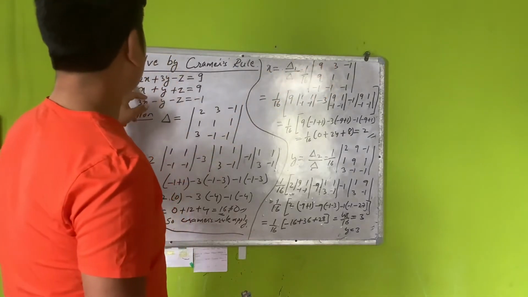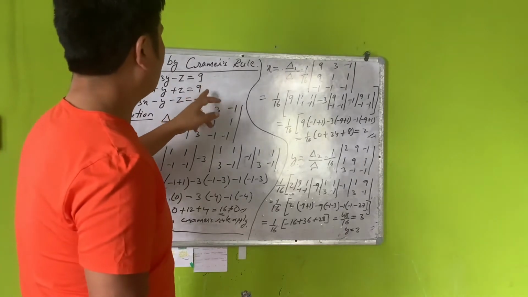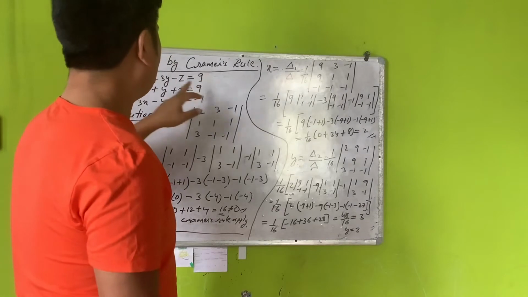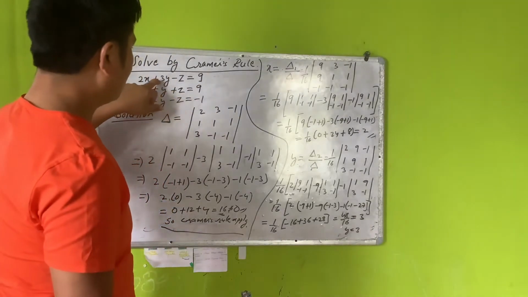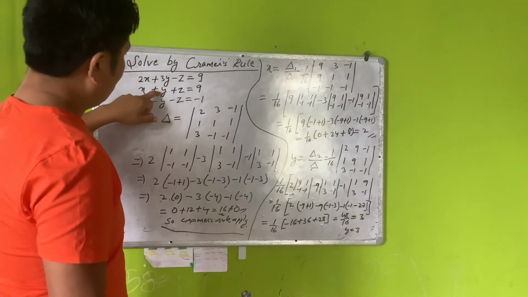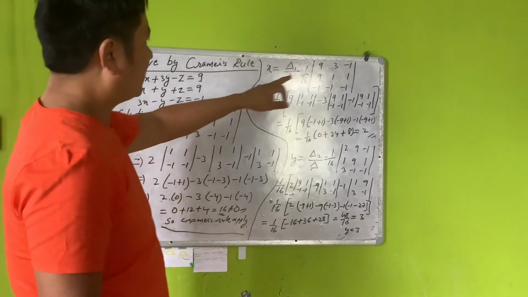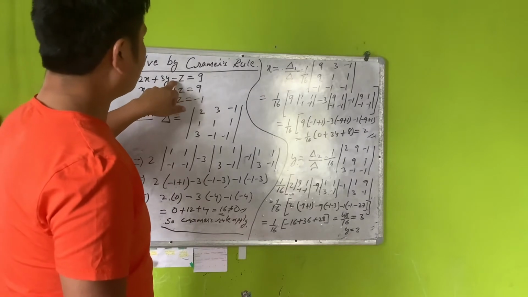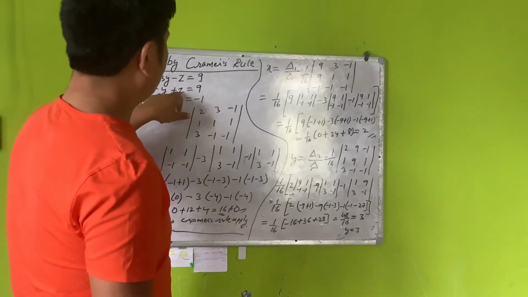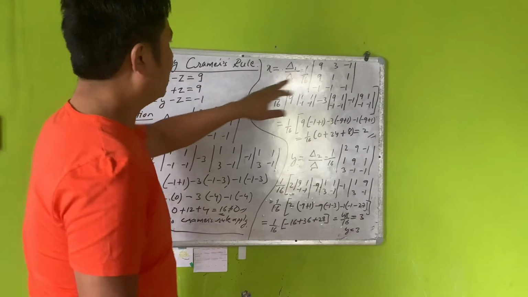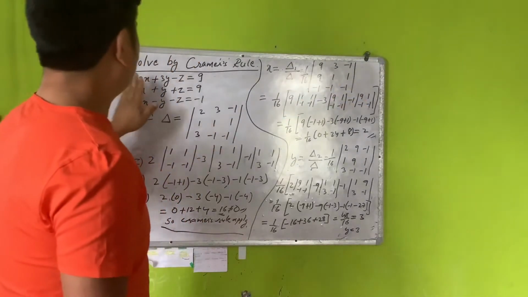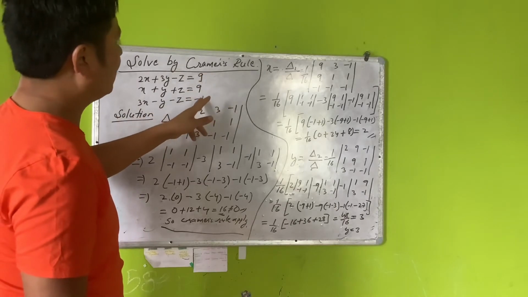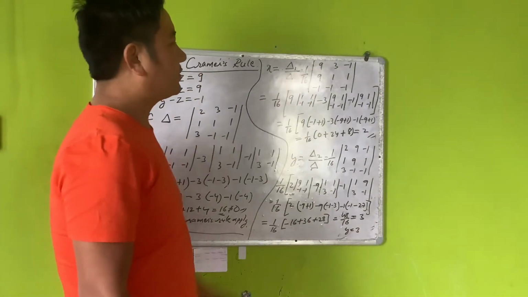Instead of writing 2 1 3, you have to write 9 1 -1 in the first column. Then straight away 3 1 -1, then -1 1 and -1. So drop this column and instead put 9 1 -1. Again you have to solve this.